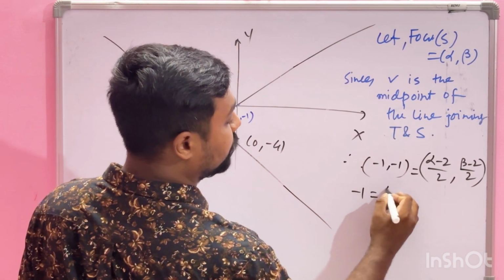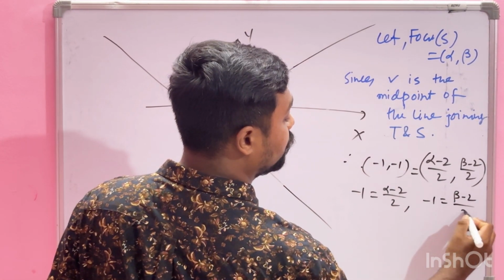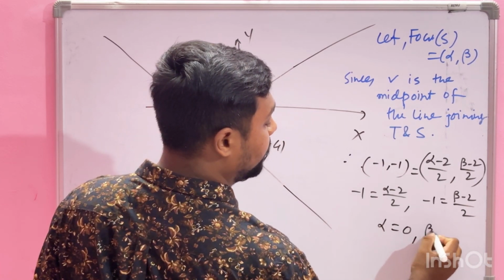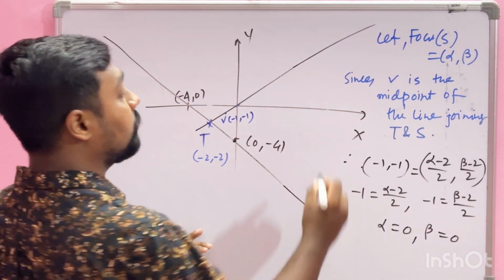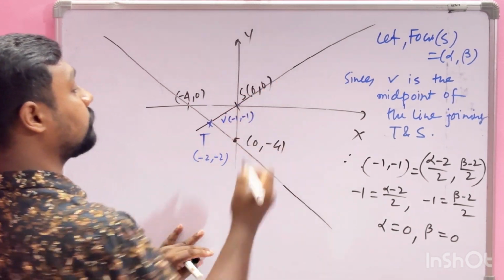So from here minus 1 equals (alpha minus 2) by 2 and minus 1 equals (beta minus 2) by 2, that is alpha equal to 0, beta equal to 0. Therefore the origin is the focus.